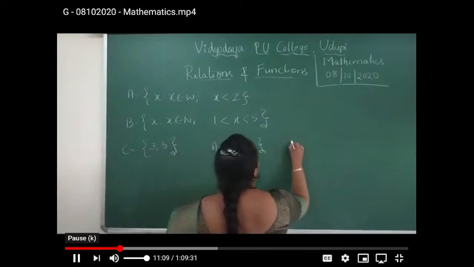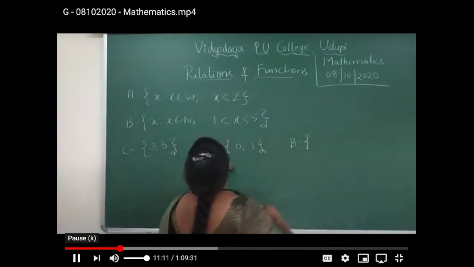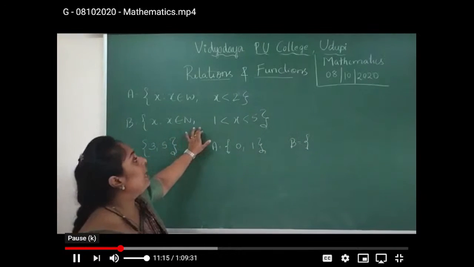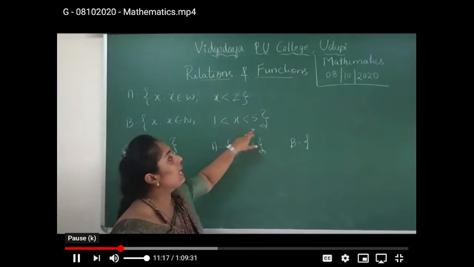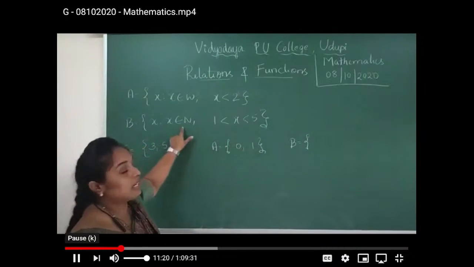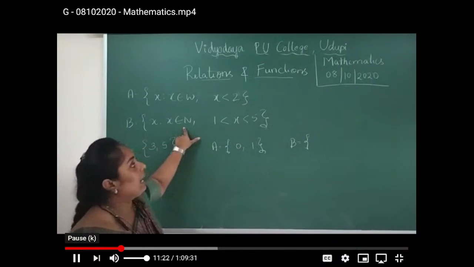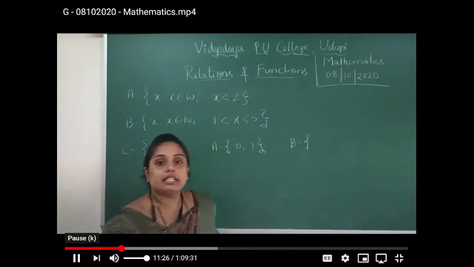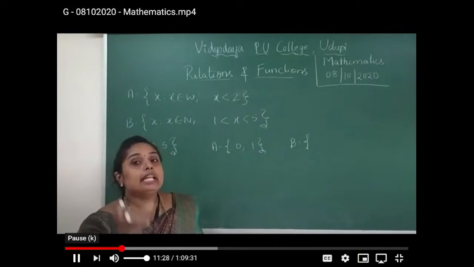And set B is x such that x belongs to natural number and x is greater than 1, less than 5. Natural number starts from 1 and it's given greater than 1, less than 5. So I cannot consider 1, I cannot consider 5.